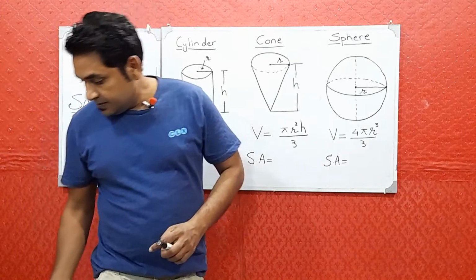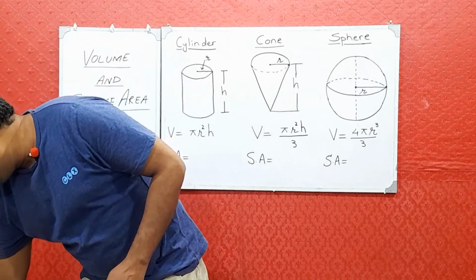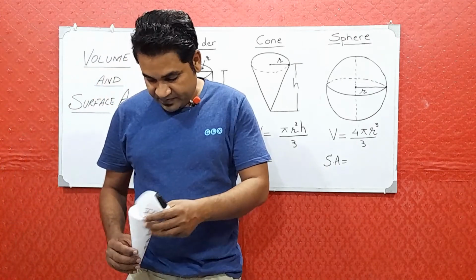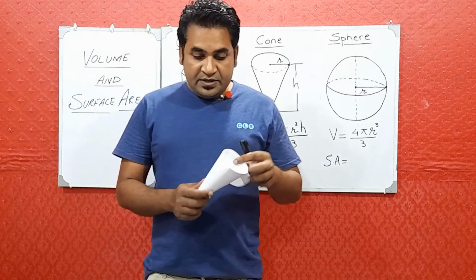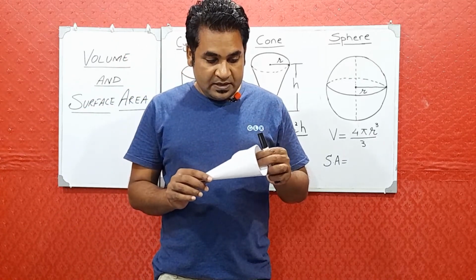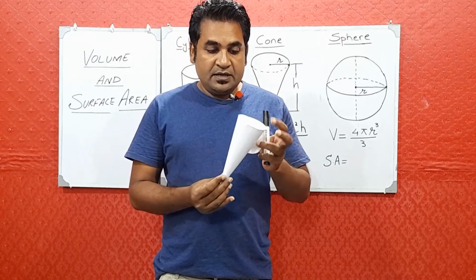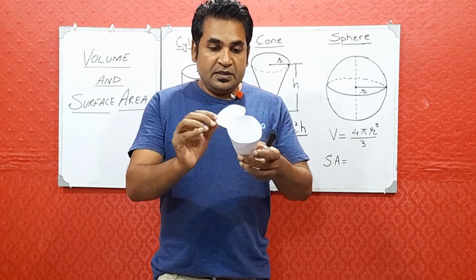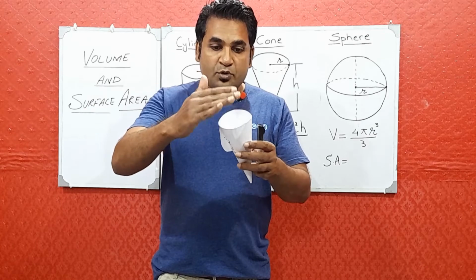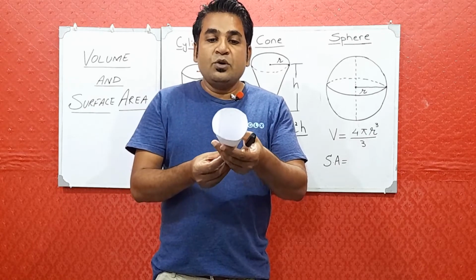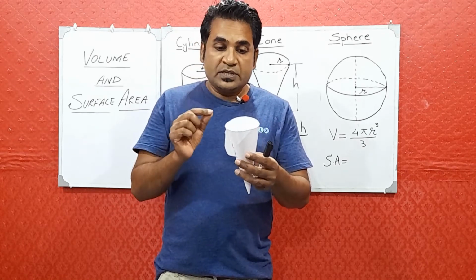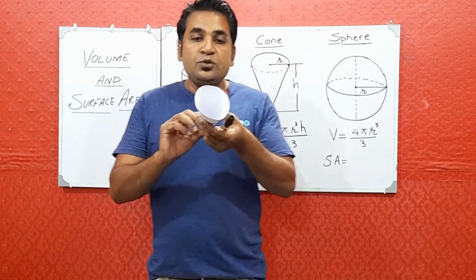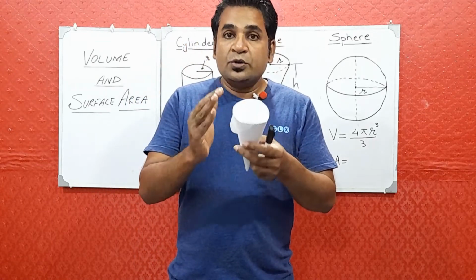Now similarly, I have made this cone, and I have kept it in this form, open from the top. One more thing I am going to explain: it is not filled inside, it is hollow inside.